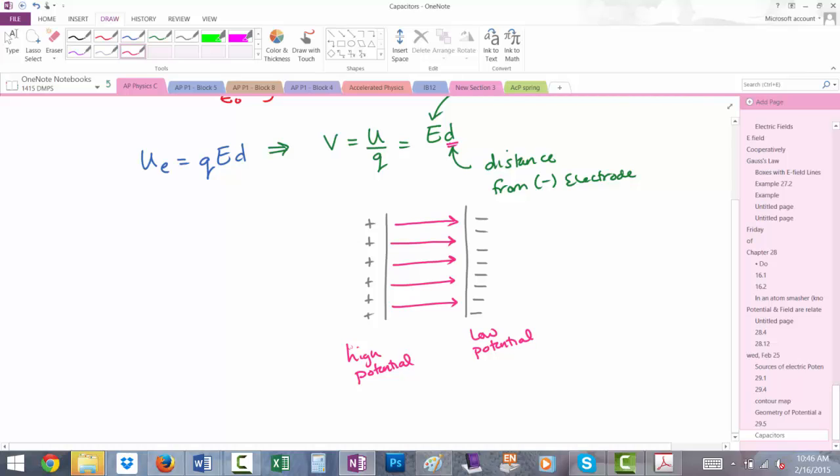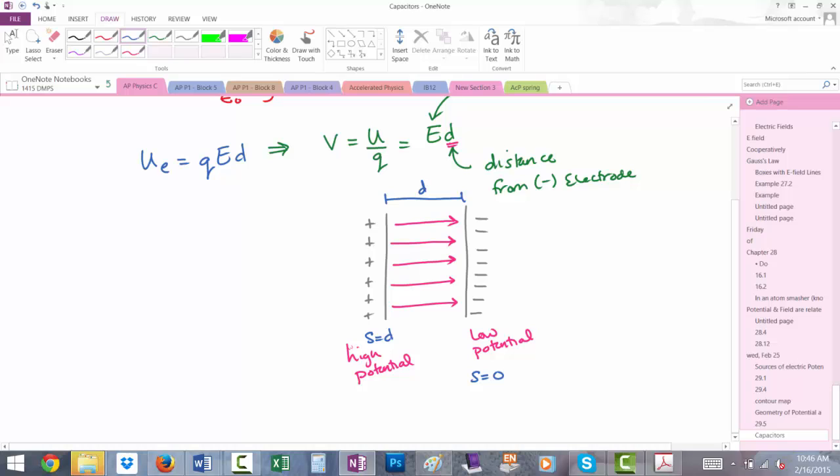Sometimes, instead of saying D here, I'm going to call each of these sides S, and I'm going to say S is equal to 0 here, and S is equal to the distance D across the capacitor there. So at any given point, I can find the voltage, knowing how far away I am from the 0 point, from the negative electrode.